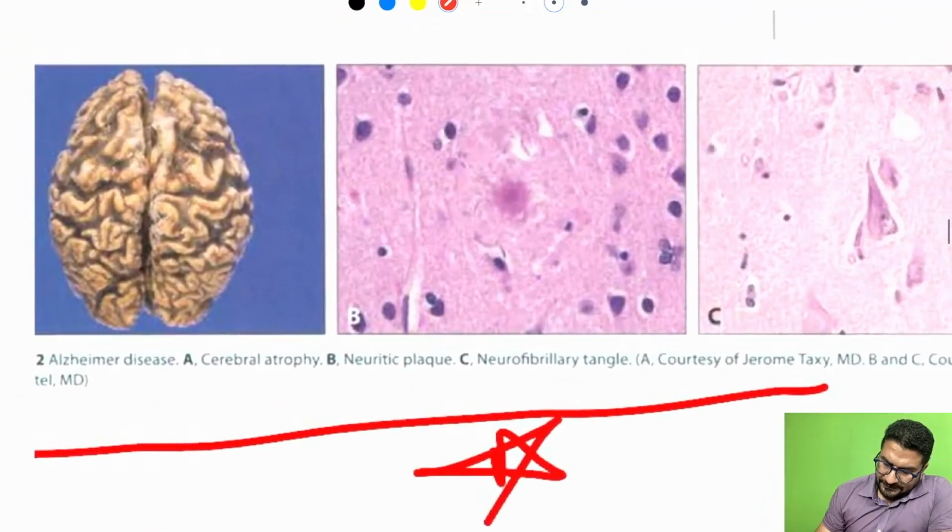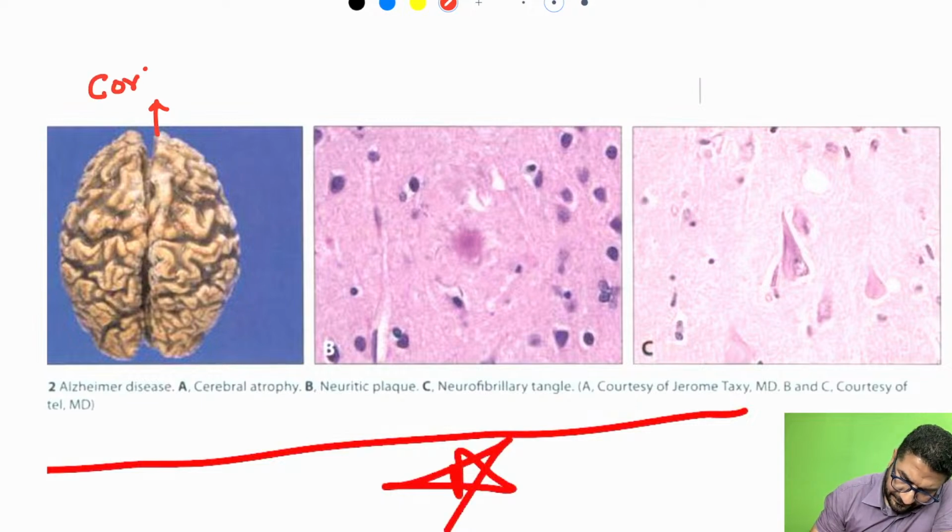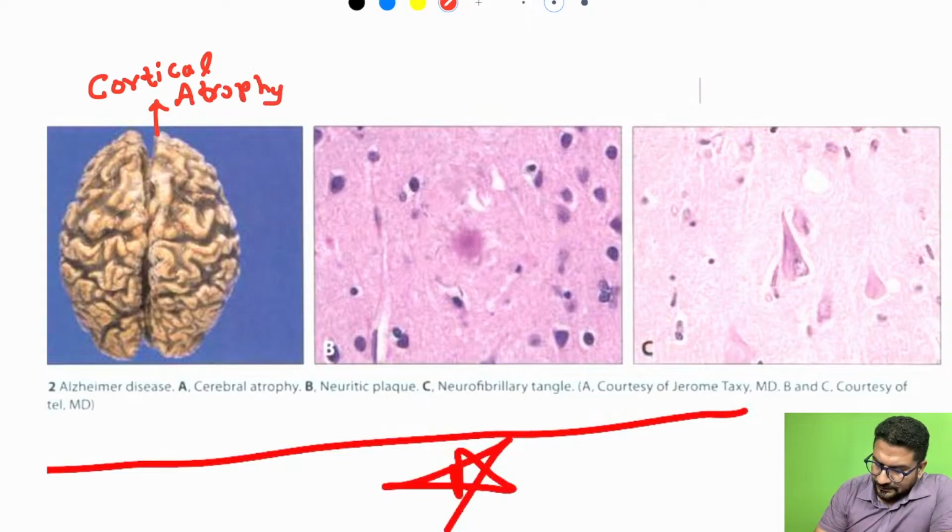Okay, then focus on this. You can notice atrophy of cortex, a cerebral or cortical atrophy. Then you can notice these plaques, neuritic plaques.